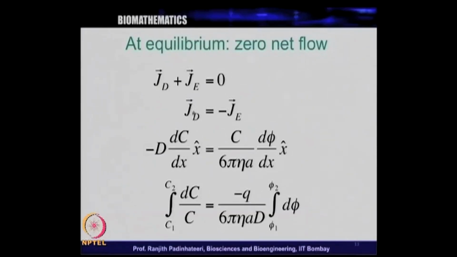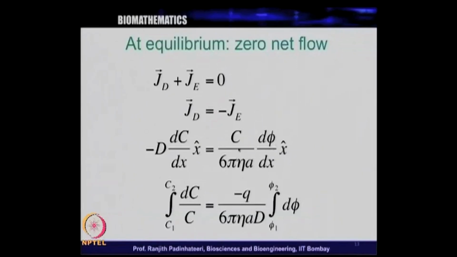Now we can substitute for JD and JE. If you go back and look at the expression for JD, we had written minus dC by dx x cap, and JE was QC by 6 pi eta A into d phi by dx x cap.